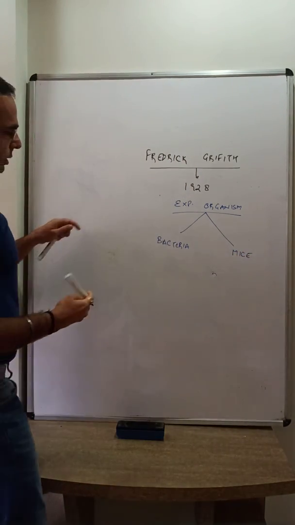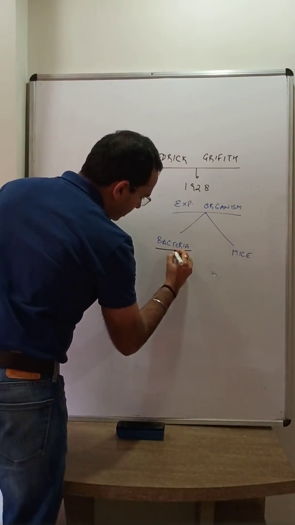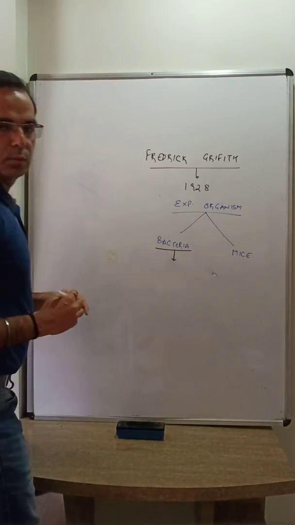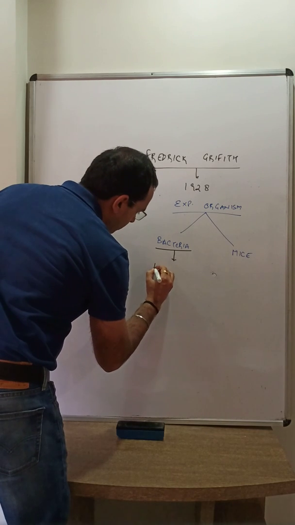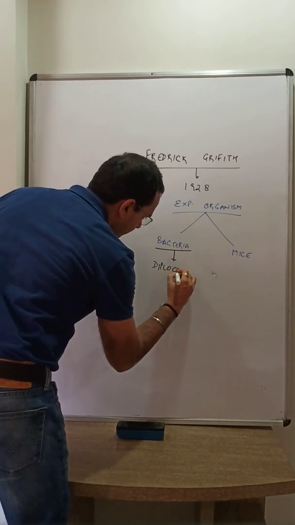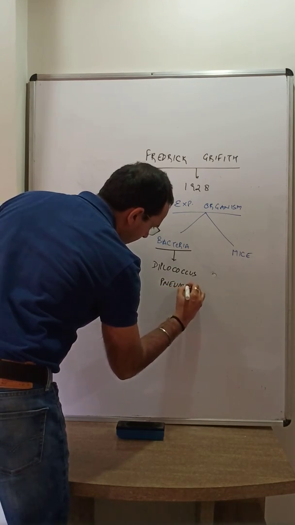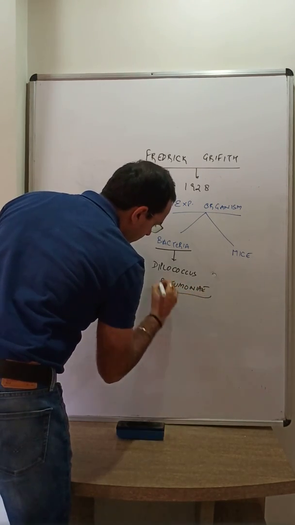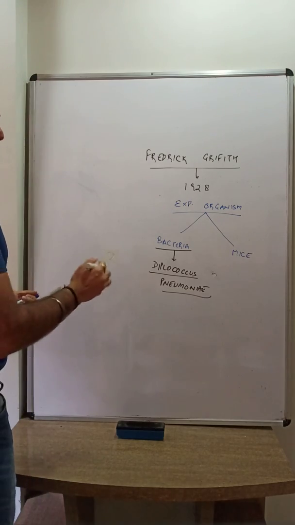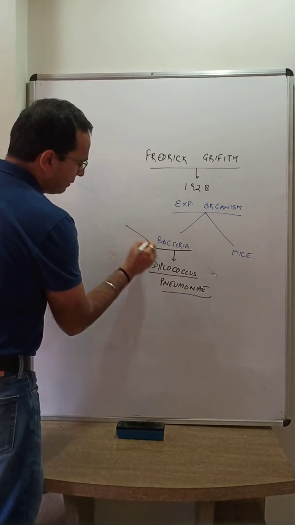Now, as far as the bacteria part, he took bacteria that causes pneumonia, that is Diplococcus pneumoniae. Now, in this bacteria, he has two different strains.